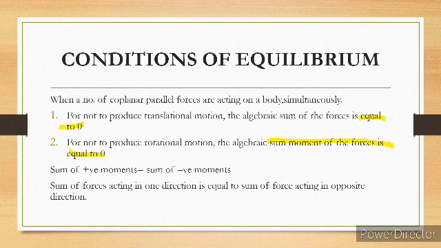So the sum of positive moments will be equal to the sum of negative moments. What positive moments you are getting will be equal to the negative moments. So the sum of the forces acting in one direction is equal to the sum of forces acting in the opposite direction.